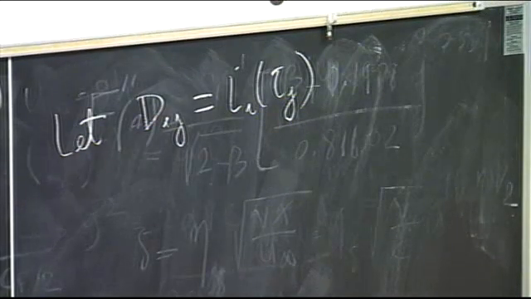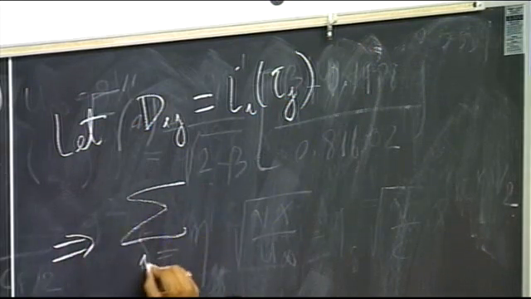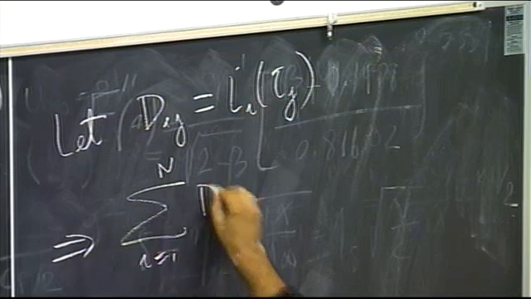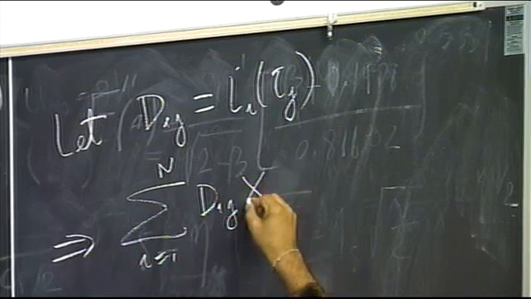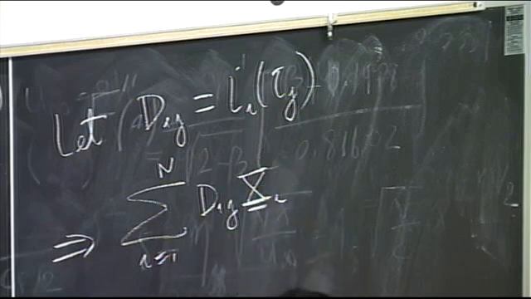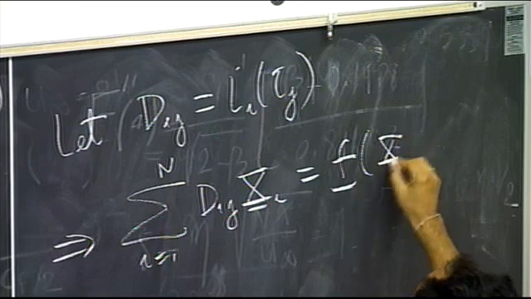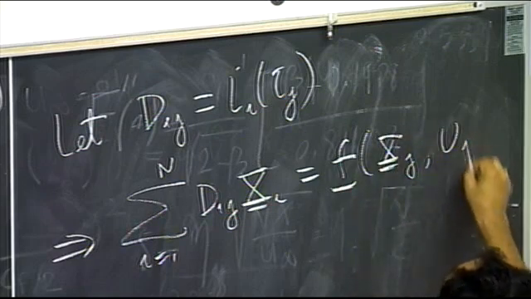Doesn't matter which way you do it. But, so what do we get here? We get the sum from i equals 1 up to n of dij xi is equal to f of xj uj.